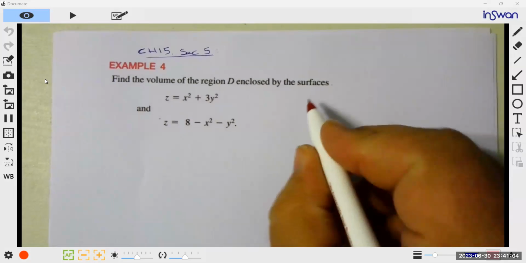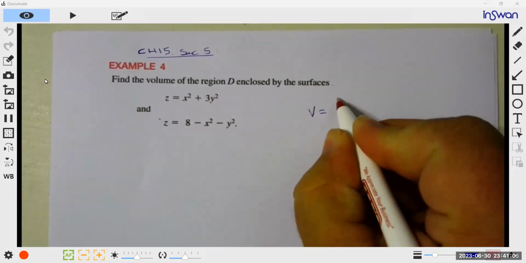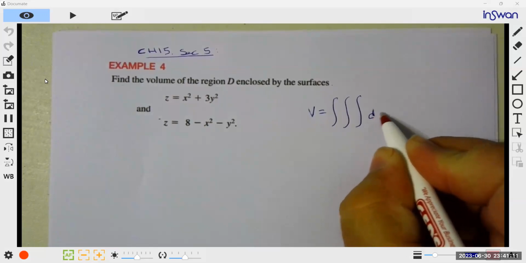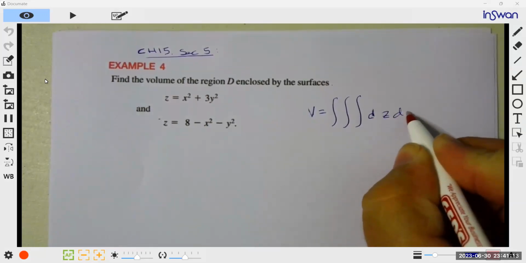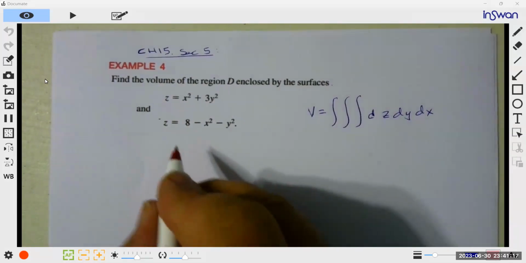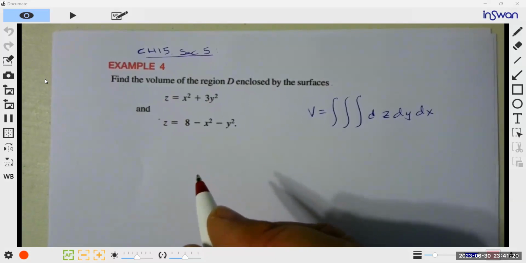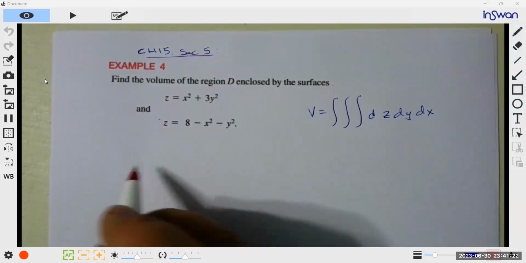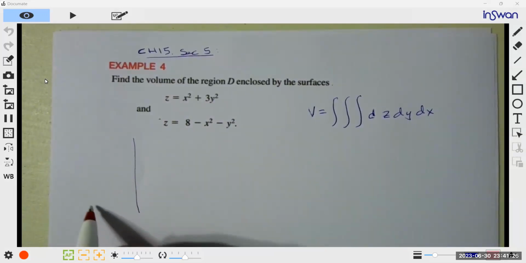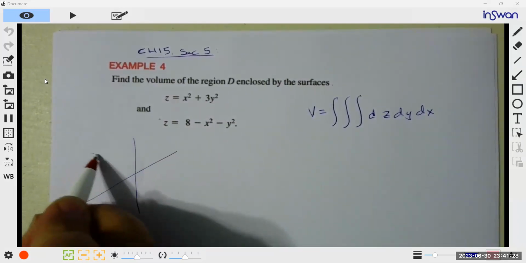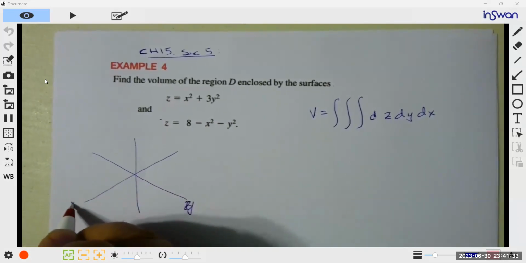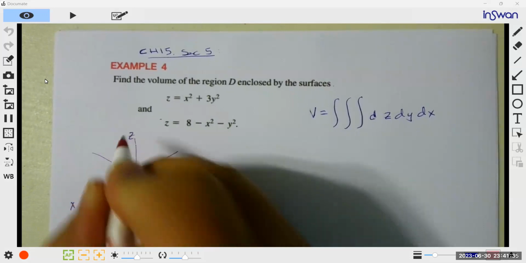Okay, so let's find the volume, where the volume is the triple integral. We're going to do our dz, dy, dx. So our picture we drew earlier, that's our y, that's our x, and this is our z.